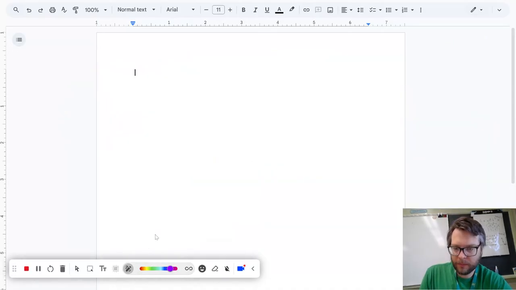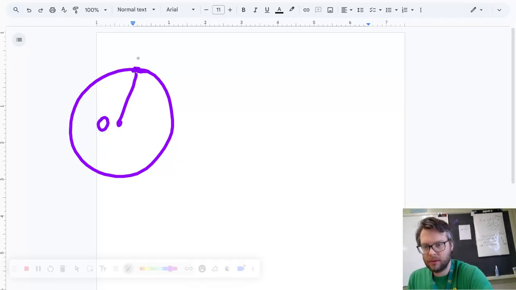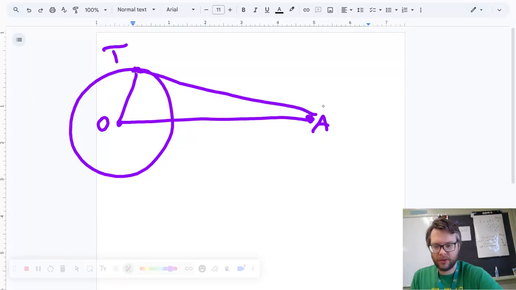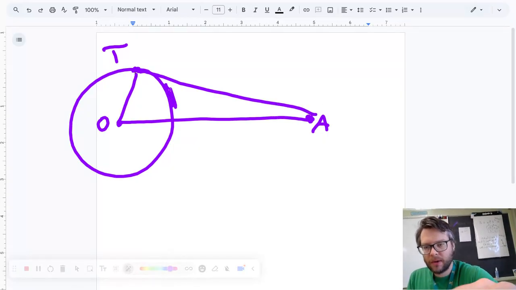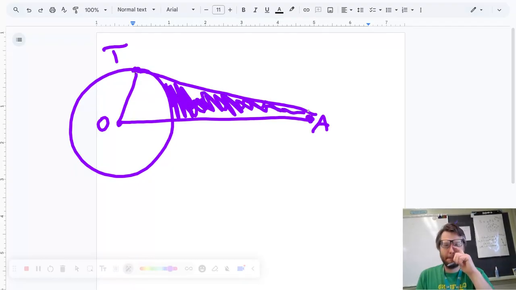So let's say that we've got a circle like this. Call this O, call this T, and then we're drawing a line all the way over here to point A. We're making a triangle like that, and we want to know this shaded area, okay?